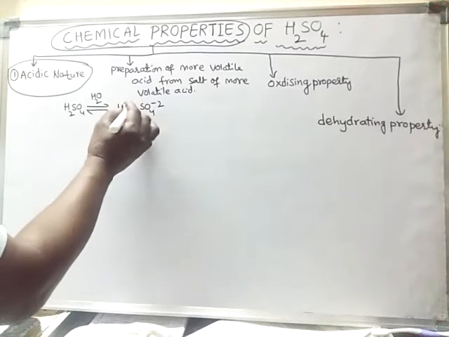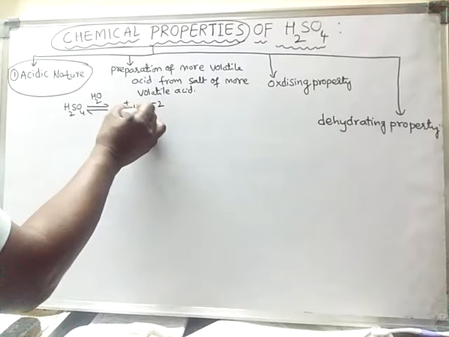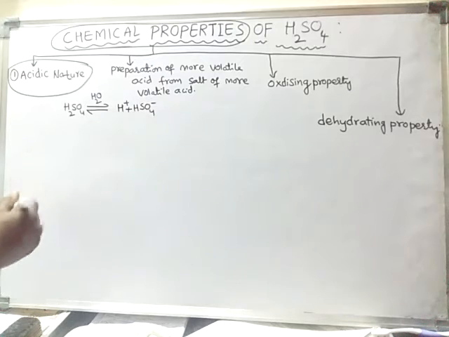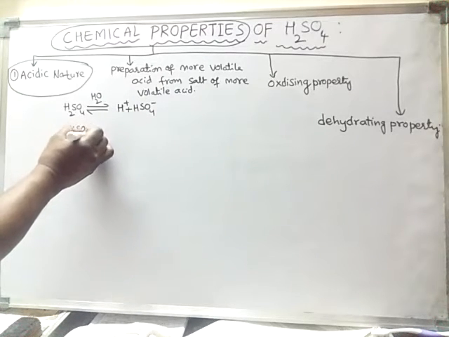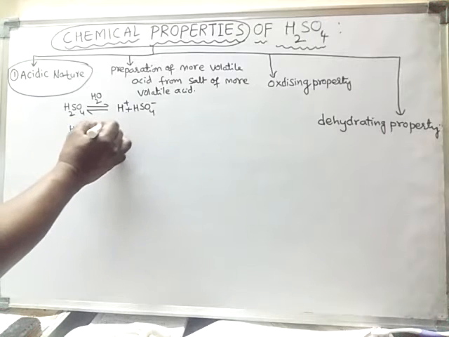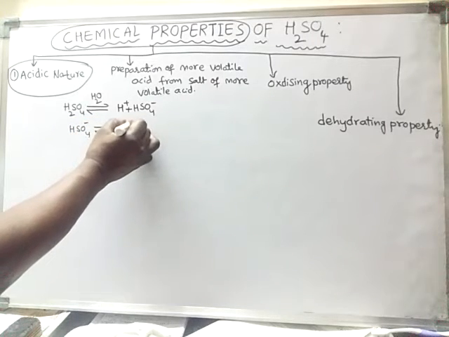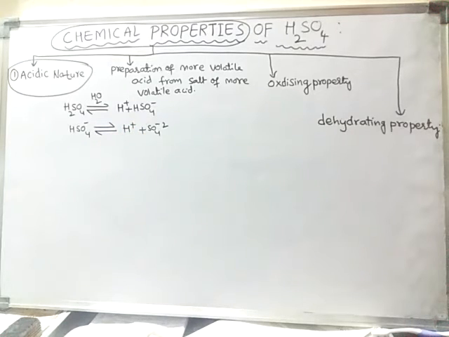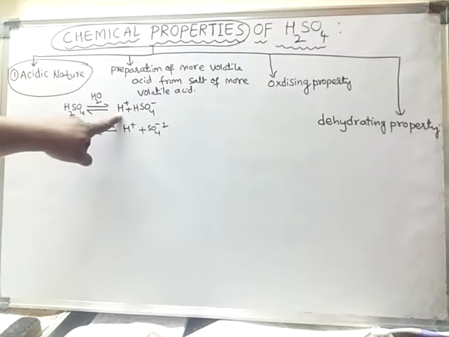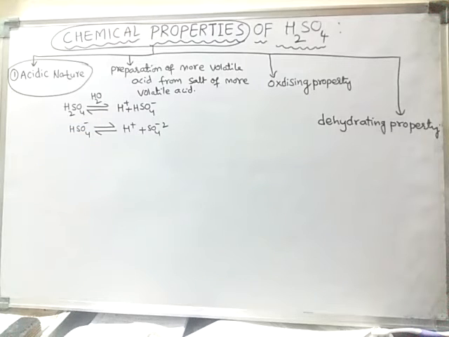It breaks down into this ion first, and further this one will break down into another H plus ion and SO4 minus 2 ion. That means the sulfuric acid molecules will ionize and produce 2 H plus ions.